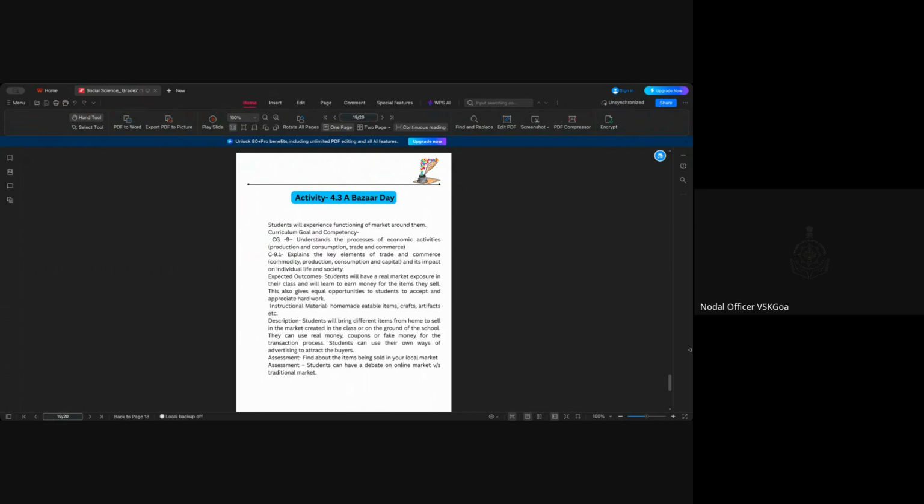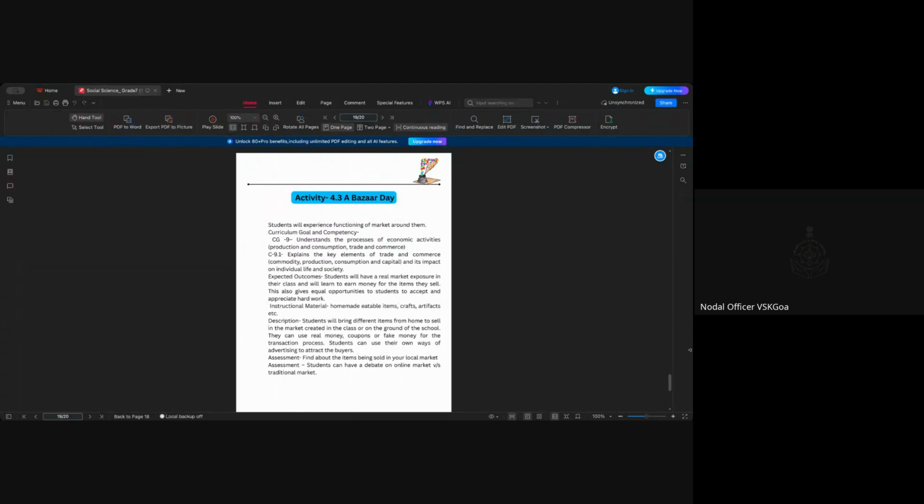Also, the students can have a debate. The teacher can conduct one more activity like having a debate on online market versus traditional market. The teacher can divide the students into groups, one group the online market, and the other group the traditional market, and then have the debate between them.